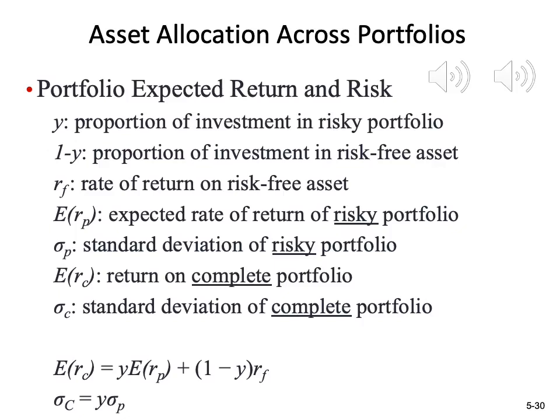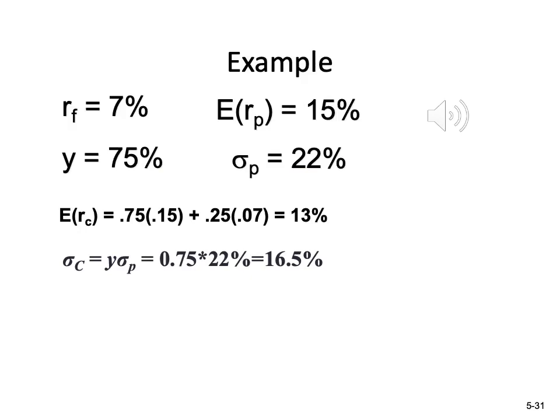Because sigma F is 0, because risk-free asset or T-bills in our example, in our theories, has 0 volatility, means 0 risk. So sigma F, or standard deviation of the T-bills, is always 0. So that is why the complete portfolio sigma is just proportional to the risky portfolio, because risk-free asset has 0 risk. In this numeric example, I'm going to show you how to calculate the complete portfolio return and risk.